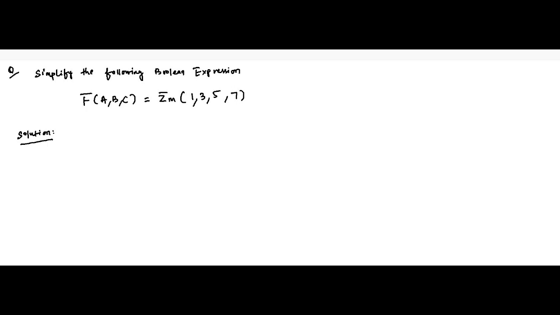So here we have this Boolean expression consisting of 3 variables. As I said, we'll be starting with some 3 variable questions, then we'll go to 4 variable and then 5 and 6 variable. So the Boolean expression is given as f(A, B, C), 3 variables, and it is given as minterms 1, 3, 5, 7. We have to simplify it using the QMT method.